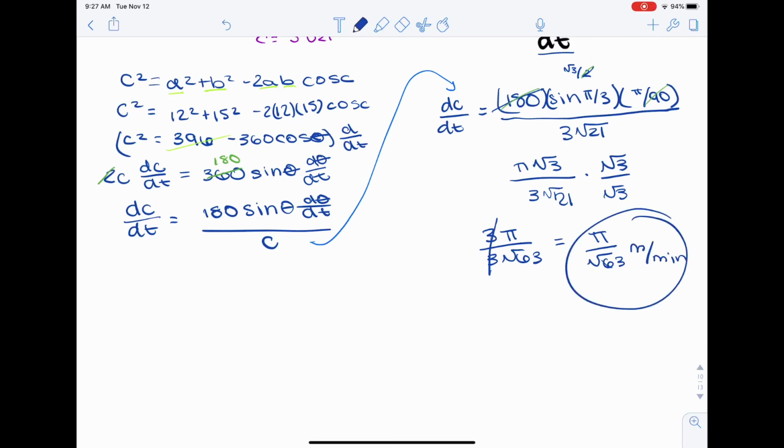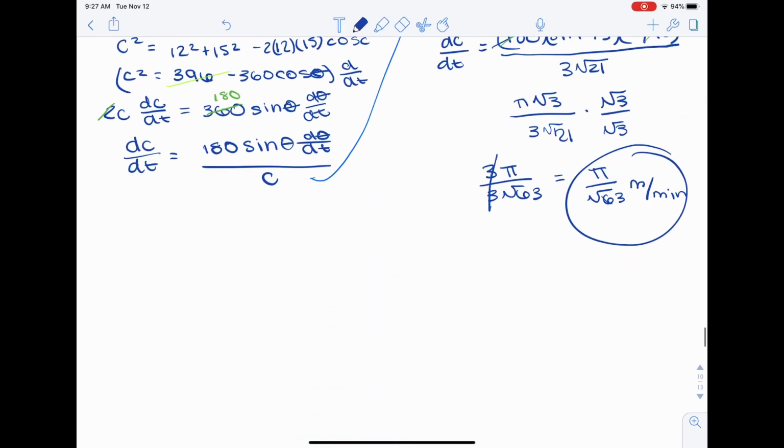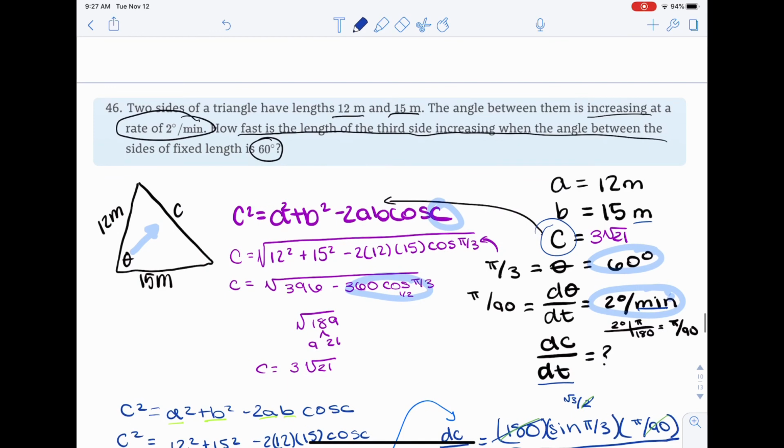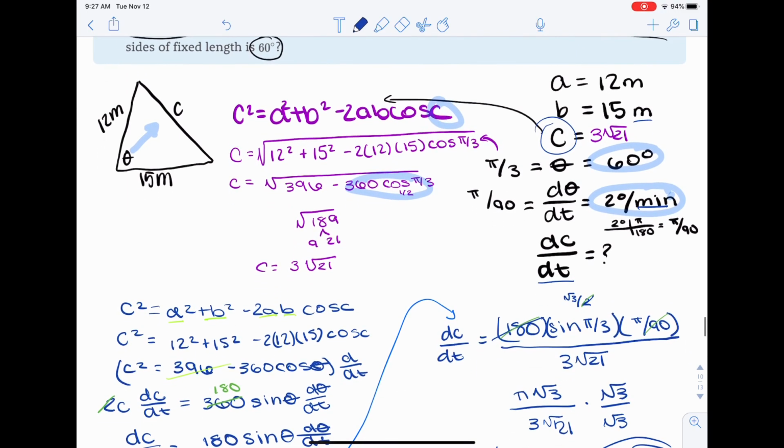So that is our final answer. We're going to write the final statement because we were looking for the length of the third side when the angle between the fixed sides is 60 degrees.